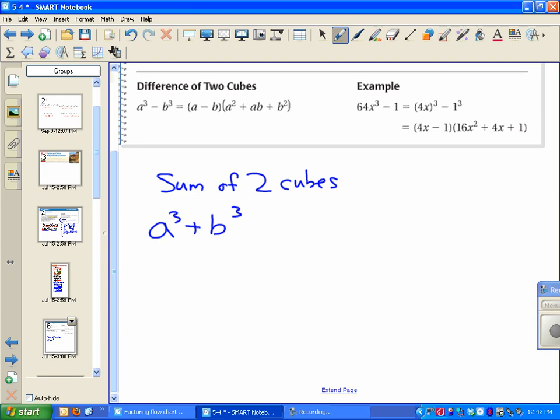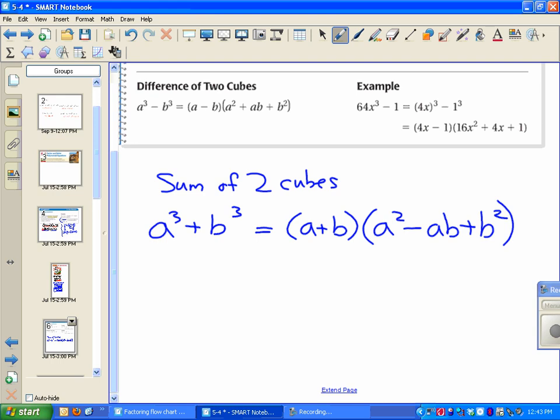So after you take out a GCF, you're looking for two terms. And these are going to factor into a plus b, so a, whatever's being cubed, and then b. It's the same sign here. And then the formula is a squared, opposite sign, so a squared minus ab plus b squared. So please write the formula every time you use it.